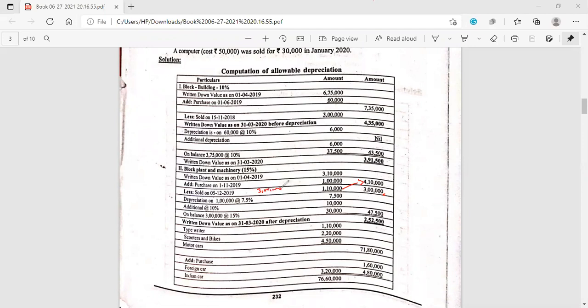Out of this 3 lakh, we are considering 1 lakh rupees for the additional as well as the normal rate of depreciation. Here we have considered 1 lakh. Now we are left with 2 lakh only, not 3 lakh. Now 2 lakh into 15% means we'll get 30,000. That is the amount of depreciation.